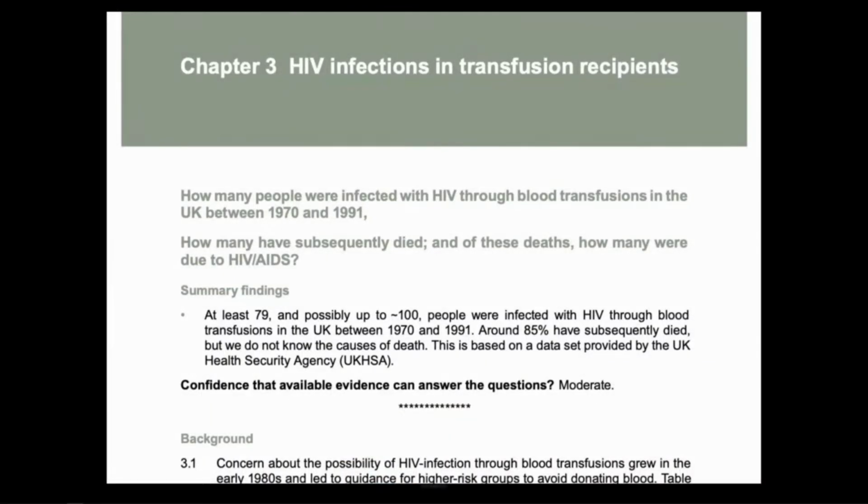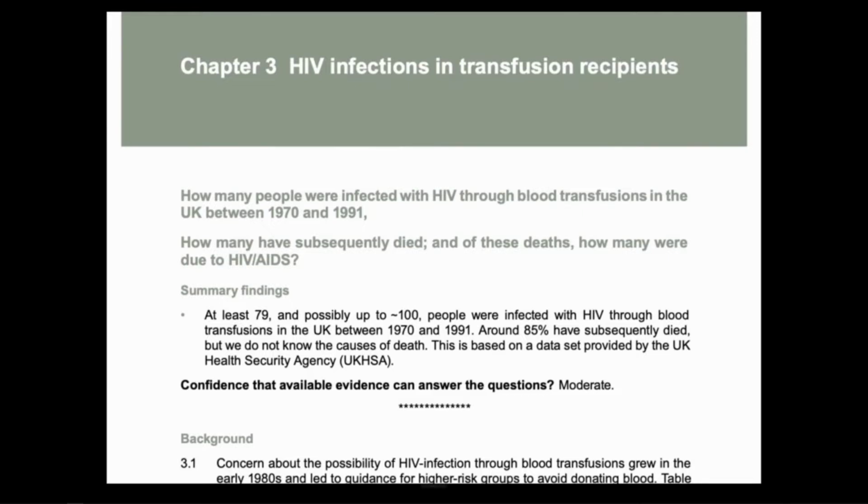Going to turn now then to the third category that you examine in your report, which is HIV infections in transfusion recipients. So if we go to page 33 of the report, so 37 electronically, and we see again the summary findings, which were at least 79, possibly up to around 100 people infected with HIV through blood transfusions.